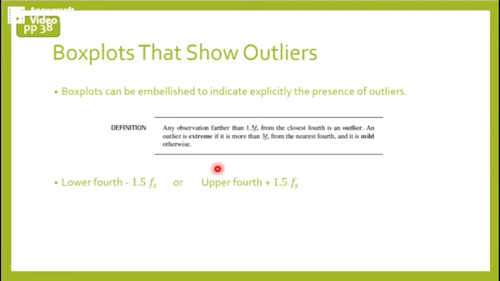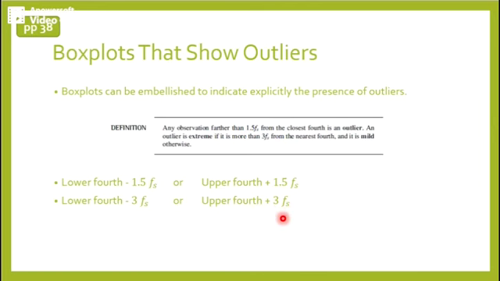Any value larger than the upper bound is called a mild outlier. So anything outside those bounds is an outlier. Then, everything lower than the lower fourth minus 3 fourth spreads is called an extreme outlier, and everything larger than the upper fourth plus 3 fourth spreads is also an extreme outlier.